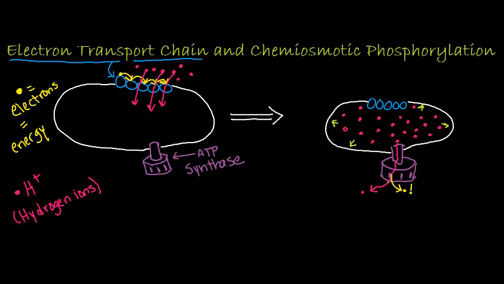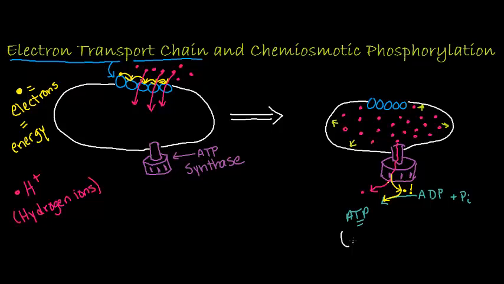Now, is the cell just spitting out little pieces of energy to fly around? No, it's going to use them for something, and it's going to use them to take ADP and that inorganic phosphate. It's the energy that is combined with those to produce ATP. So this is where we get our ATP: we create that proton gradient by bouncing energy down.